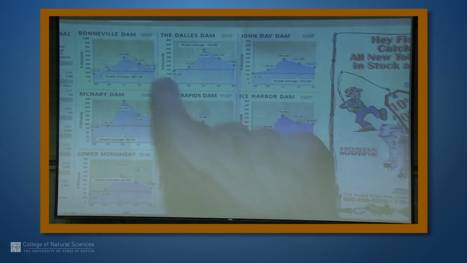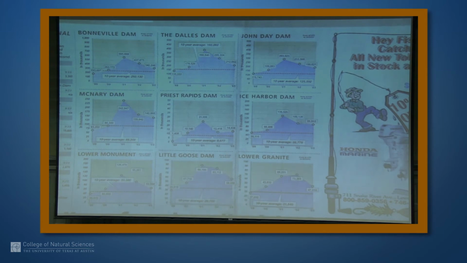The blue represents the number of fish observed coming back, and the red line is the average over the 4 years. So what is the first impression, just visually looking at this across the 9 graphs, what one thing jumps out? I don't know.